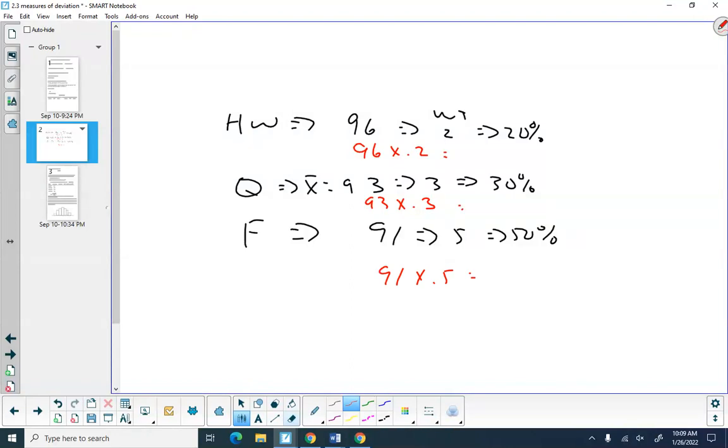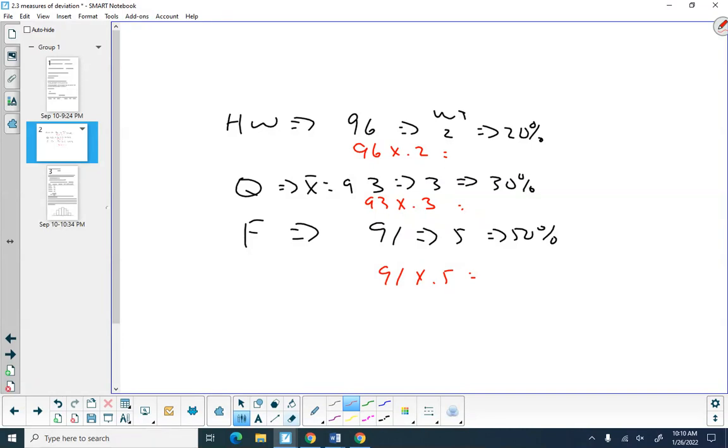We can calculate those 3 weights and then add them together. 20% of the 96 is 19.2. 30% of 93 is 27.9. And 50% of 91 is 45.5. So we add them up for a total of 92.6. A weight is a percent of the scores that represent your grade.